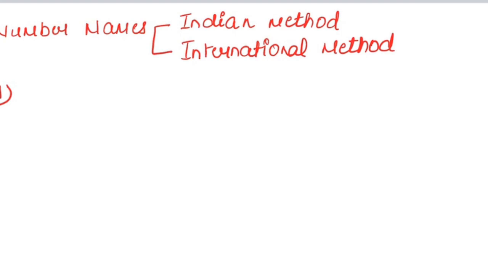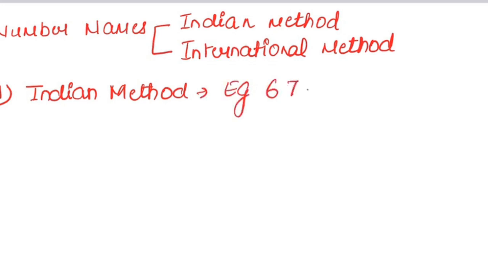First of all, we will start with the Indian method. What will we do in the Indian method? For example, I will give you one example. We will write here 6, 7, 8, 5, 0, 5, 2, 3. First of all, what we will do is the commas. You know how we will put the commas?